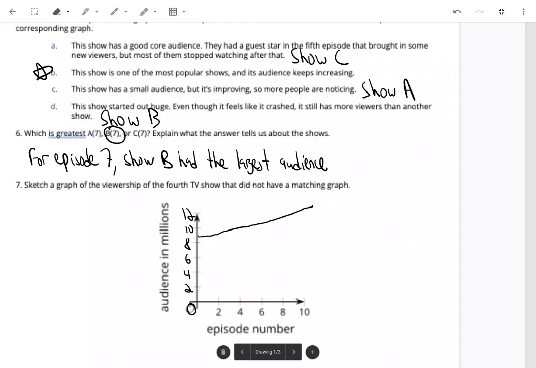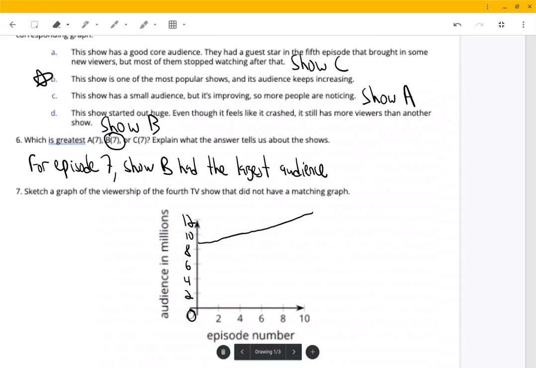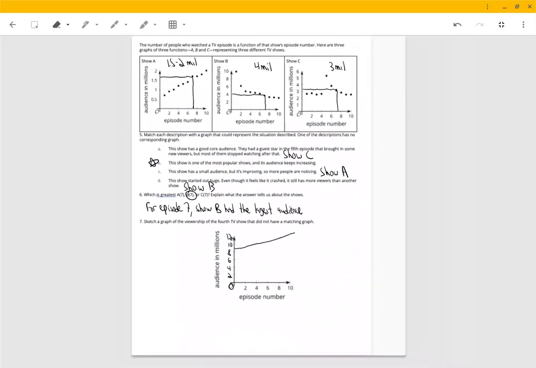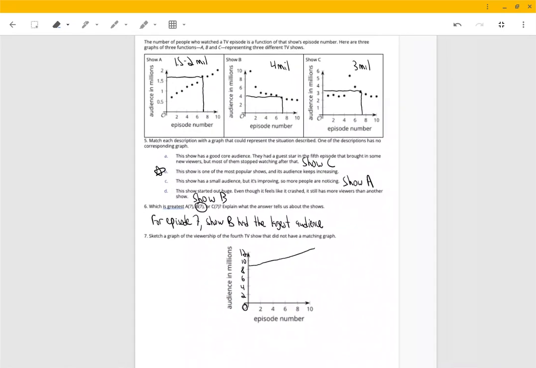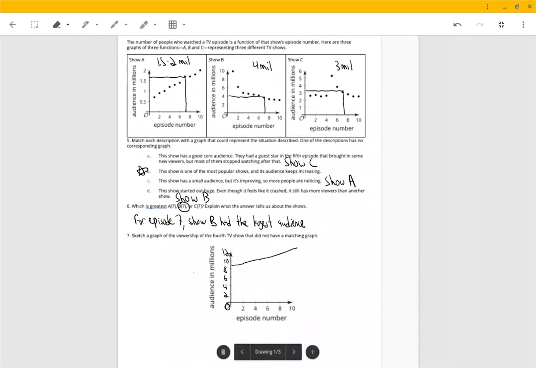Is it one of the most popular shows? Yes. Is it the highest? Yes. And does its audience keep increasing? Yes. So this would be a good sketch of the graph of the 4th show. It clearly shows that it's one of the higher ones, and it shows that the viewership is increasing.